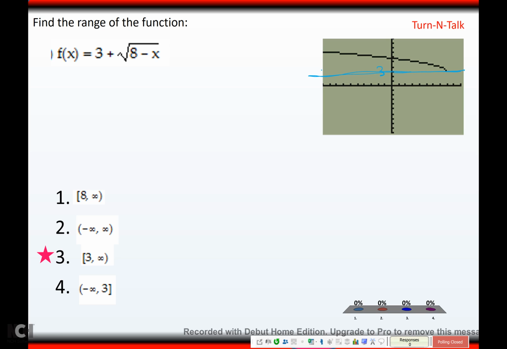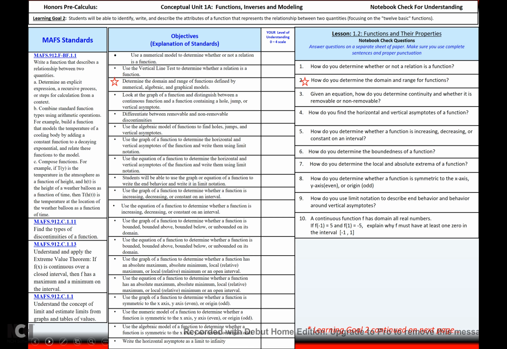Then we start graphing. So my range is going to start at 3 and go up to infinity. Alright, so for range, you have to look at horizontal asymptotes and the graph. Domain and range: domain you can do algebraically.